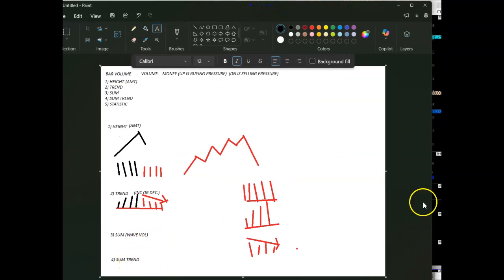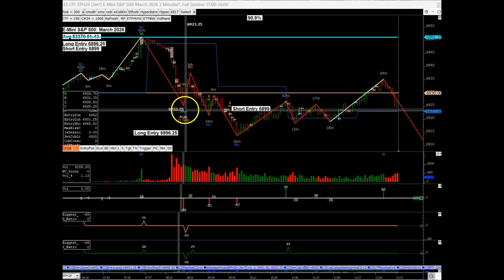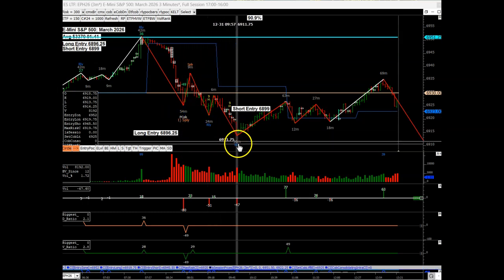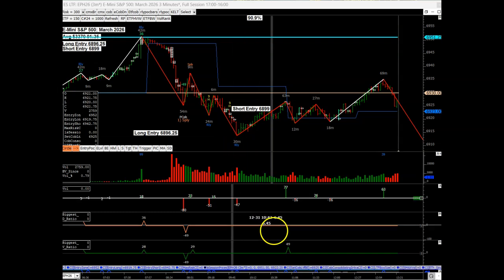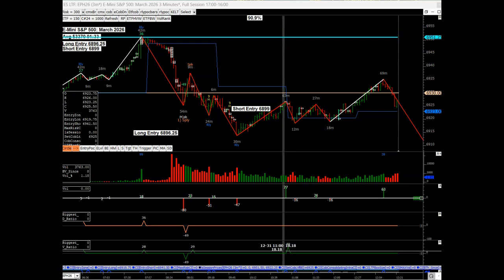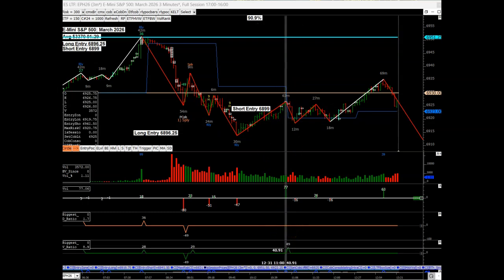Okay, I just went over some trend, and then a statistic. The statistic tells you how big the wave volume is relative to the other waves. So this volume is a change of behavior because it's the biggest in 49 up waves.